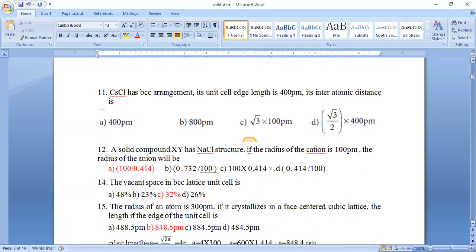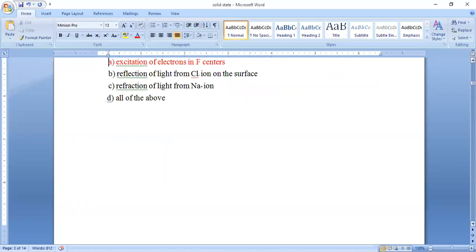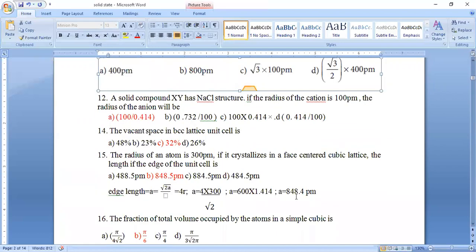So question number 11, option is D. So question number 12, the solid compound XY has NaCl structure. If the radius of the cation is 100 pm, then the radius of the anion will be. So option A. So the vacant space in BCC crystal unit lattice is. So option C, 32%.